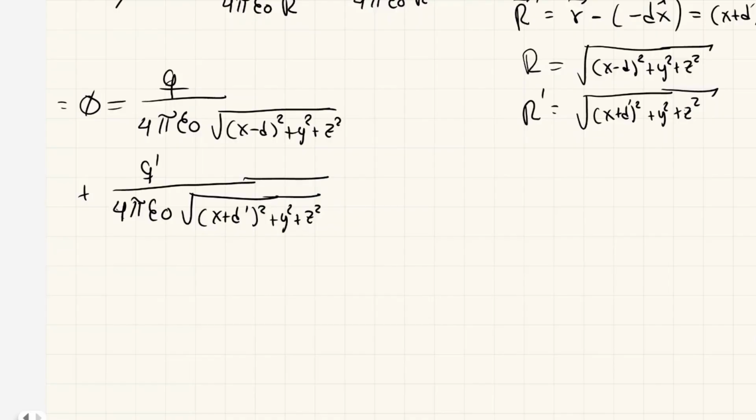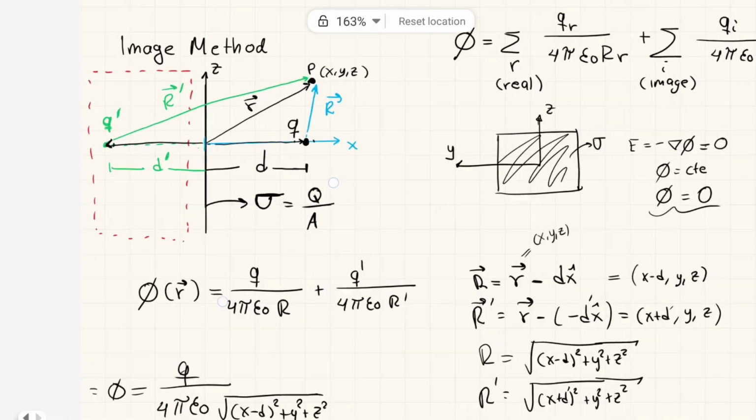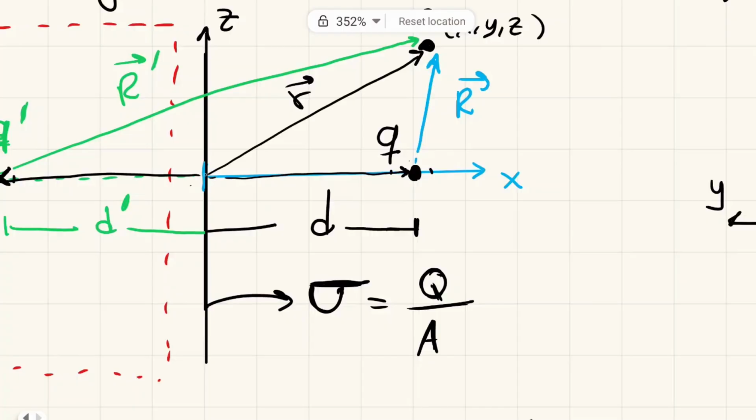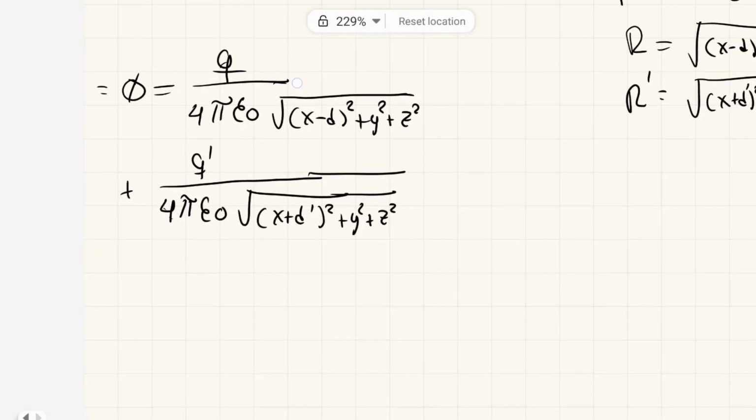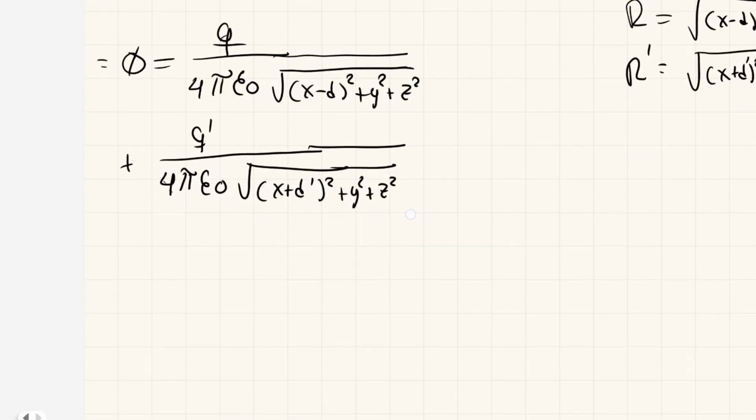Perfect. And remember that we mentioned that at the point x equals 0, we would be located on the plane. So that means that the electric potential is 0. So we can use that condition to establish the next equation.